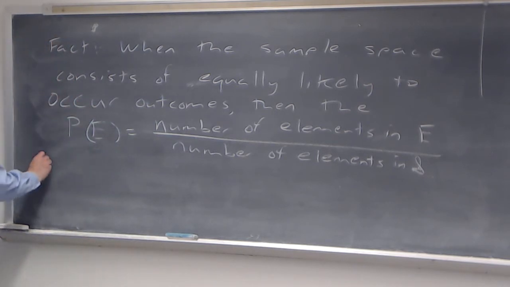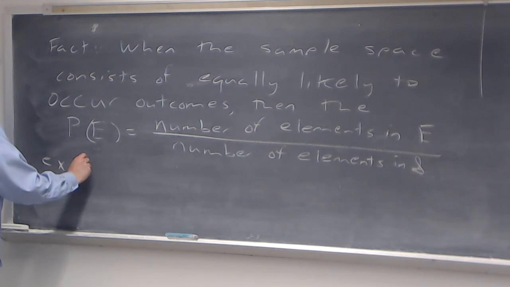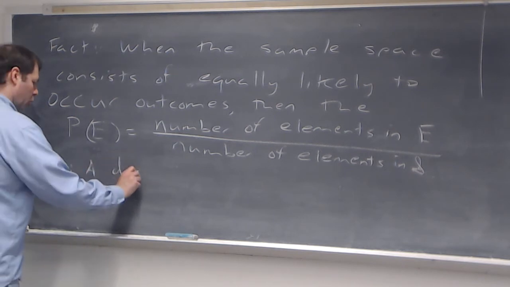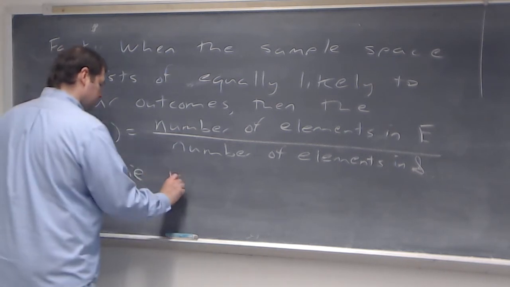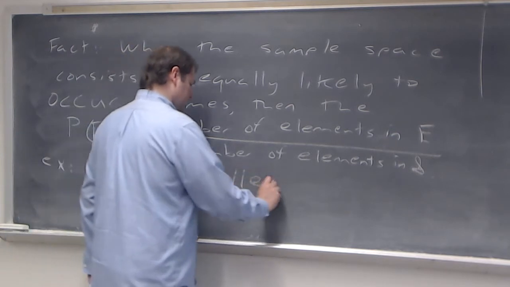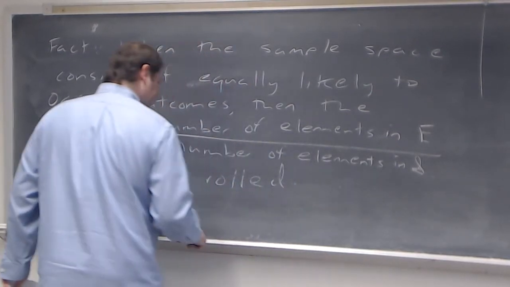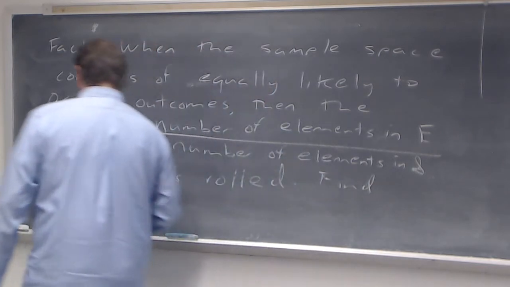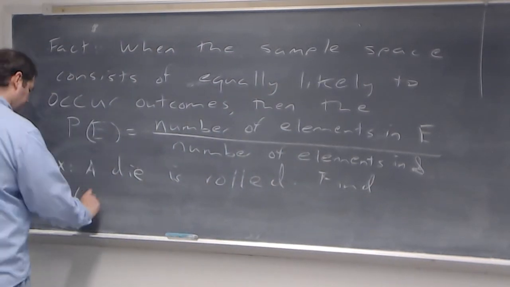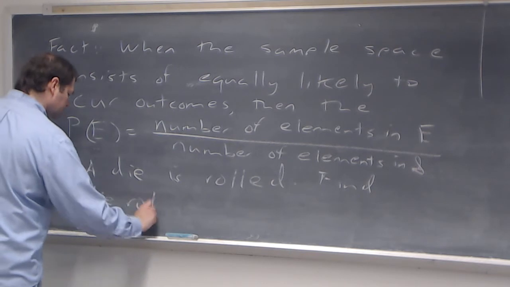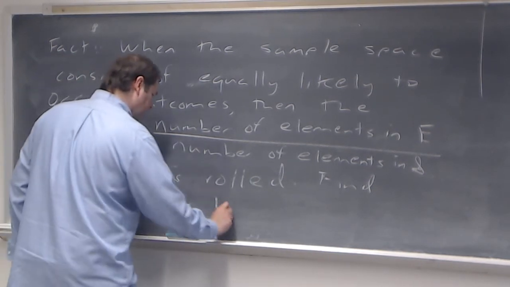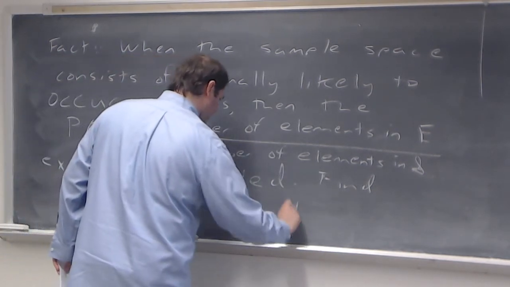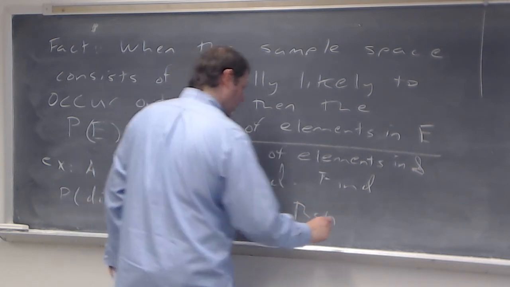Let's look at an example. Let's consider a die is rolled, and someone says, find the probability the die roll is bigger than 1.